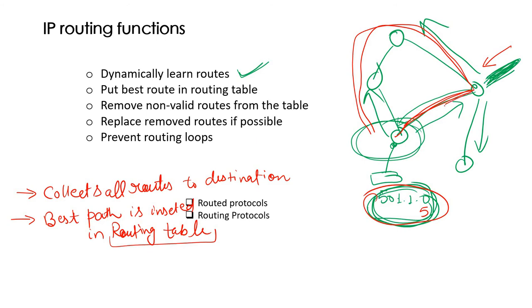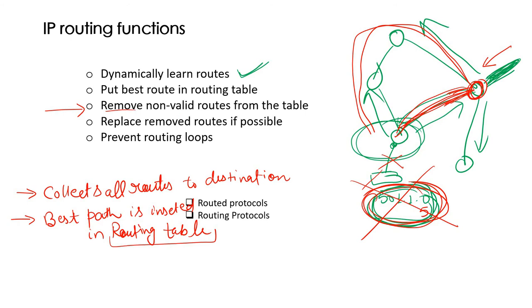Only this route will come to the routing table, and this router will send towards this interface and communicate directly with 5.1.1.5. Another job is to remove non-valid routes from the table. Suppose a route was added and after some time it is removed, because a switch was damaged or a cable disconnected. In that case we have to remove that entry from the table.